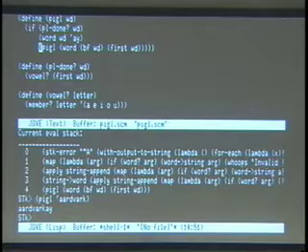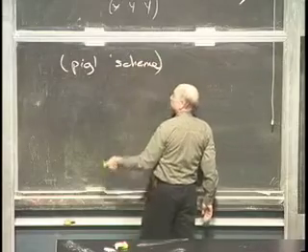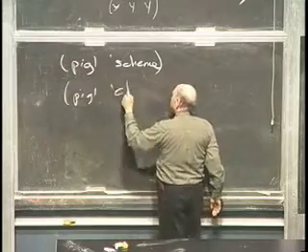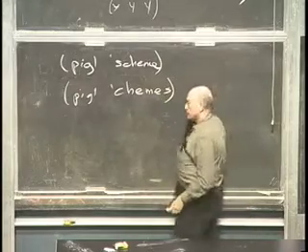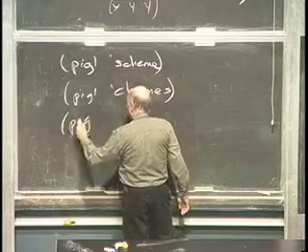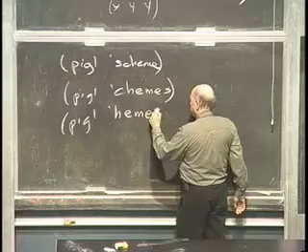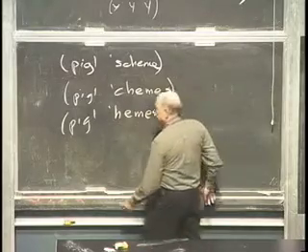So I asked for Piggle of scheme. And my procedure has decided to compute Piggle of cheems. And that's going to take the C and move it to the end. And do Piggle of Heemsk. And that's going to take the H and move it to the end.